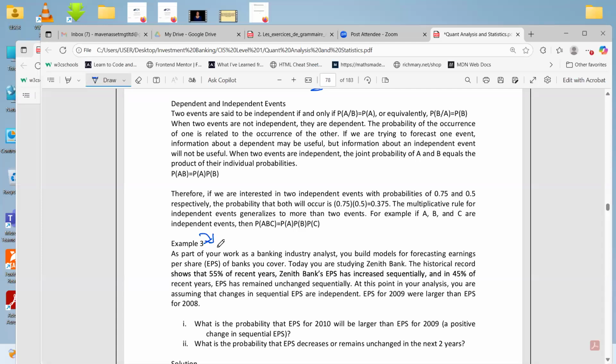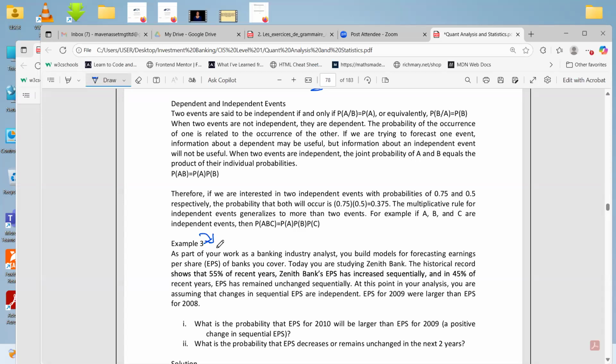As part of your work as a banking industry analyst, you build models for forecasting earnings per share for banks. Today, you are studying Zenith Bank. The historical record shows that in 55% of recent years, Zenith Bank's earnings per share has increased sequentially, and in 45% of recent years, earnings per share has remained unchanged sequentially.